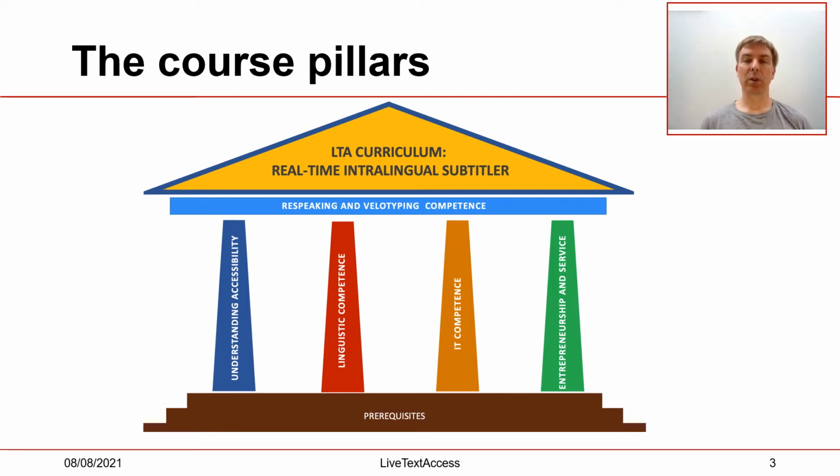This tool is called the MARS tool. All these tools are compatible with the International ECQA certificate that we have also designed, allowing you to be recognized as a certified real-time intralingual velotypist.